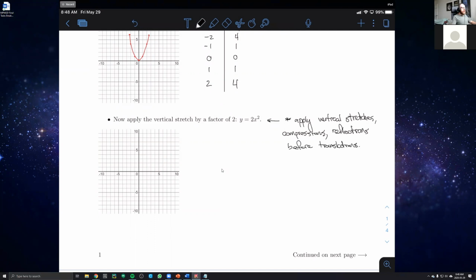Okay. The reason being is if you start moving the parabola around first and then you apply a stretch or compression, it's going to throw things off a little bit.